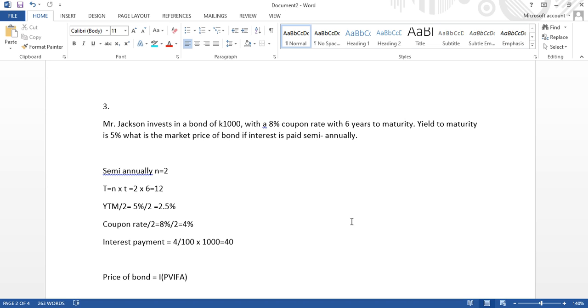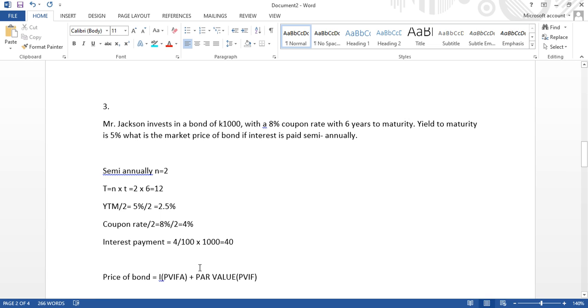So basically, finding the price of the bond is finding the present value. Plus our par value multiplied by the present value factor, the discount factor we get from our present value table. So this is the formula for the price of the bond.